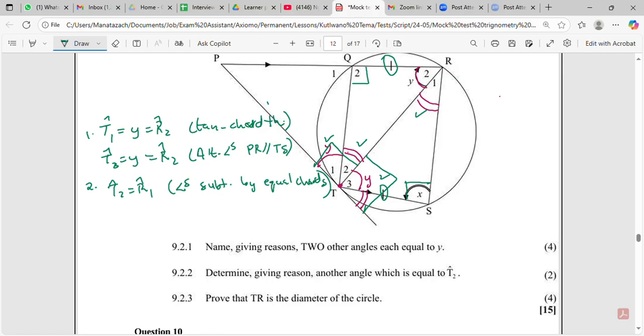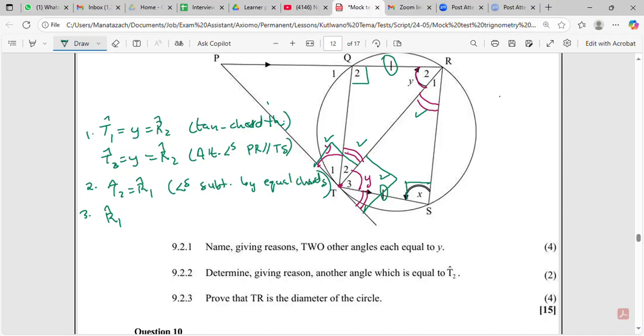First of all, let's find the size of angle T2. Remember, we said T2 is equal to R1. If we can find R1, then that will be the same as T2. R1 is in triangle RST.